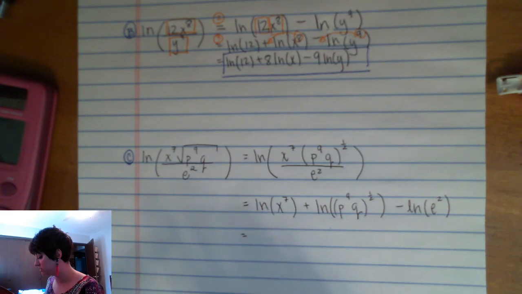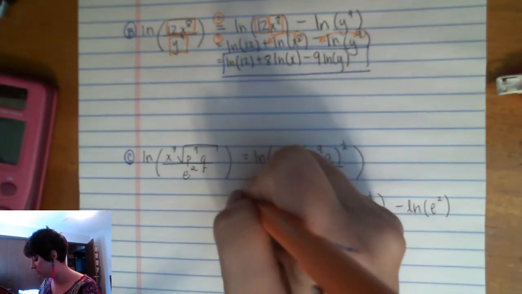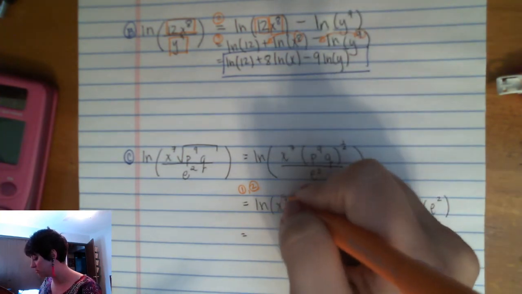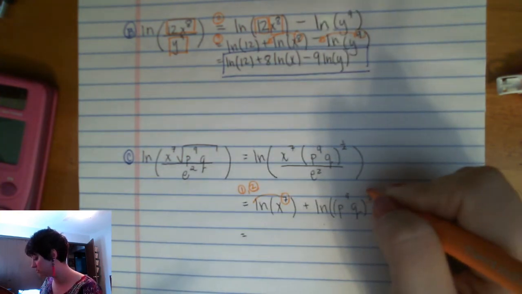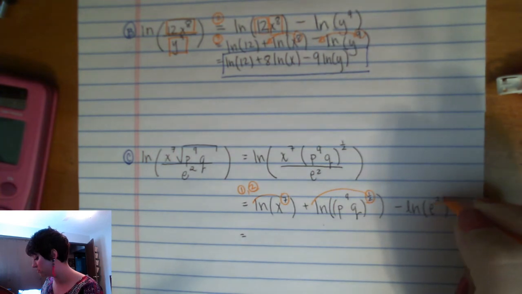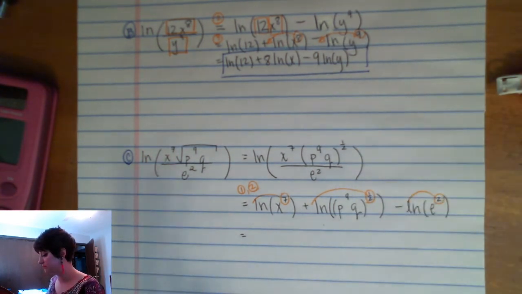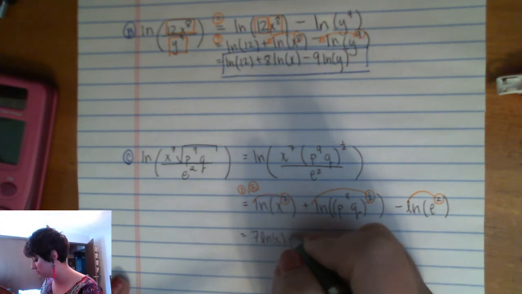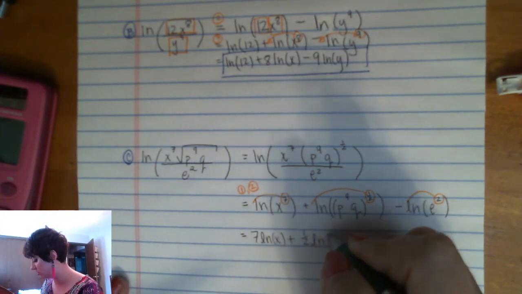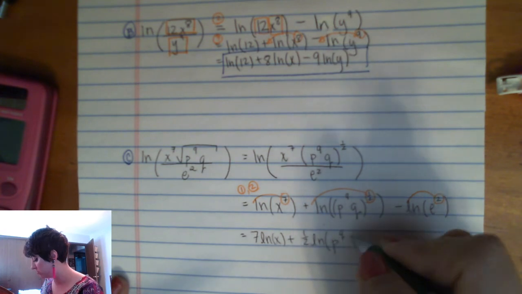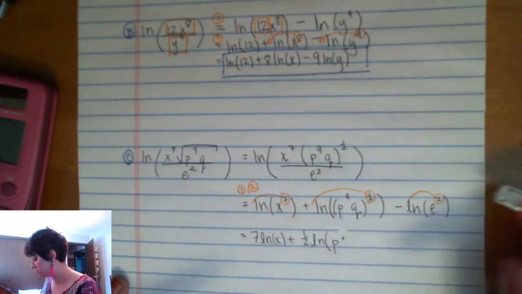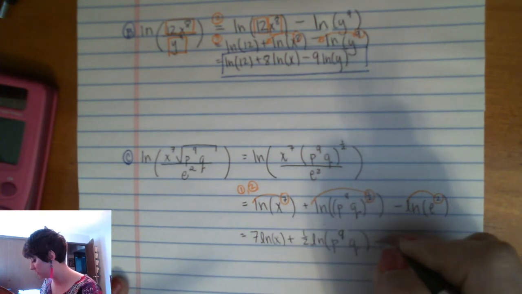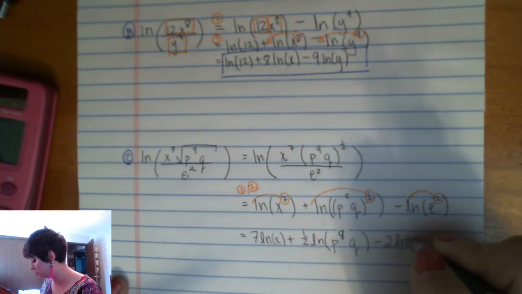So that was rules 1 and 2. Now I can pull powers. So that gives me 7 log x plus 1/2 log of p to the 9th q minus 2 natural log of e.